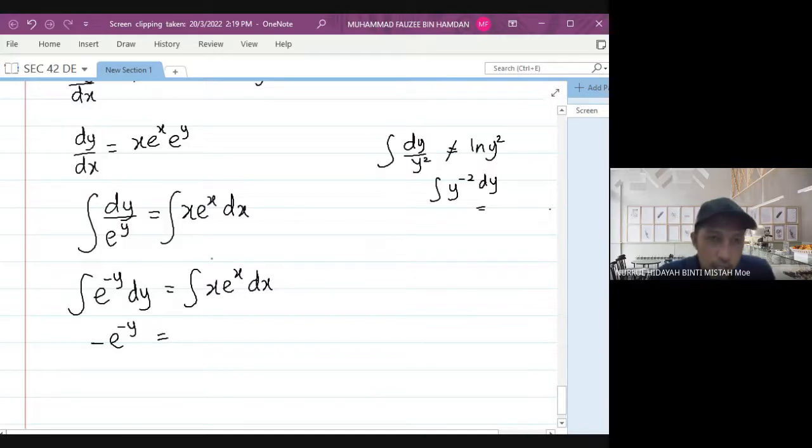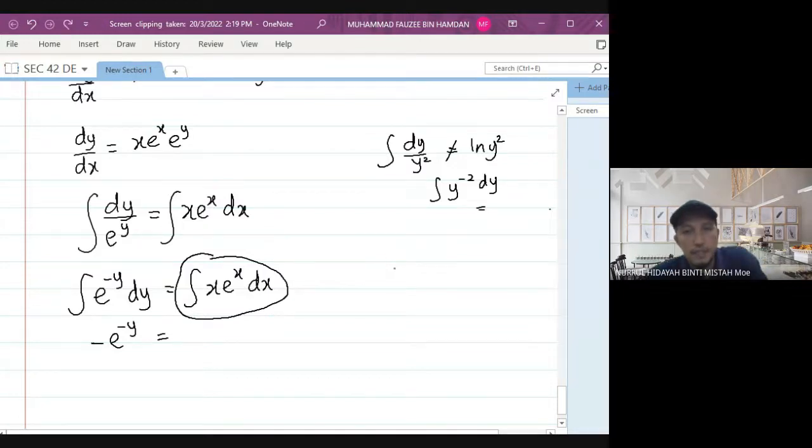Okay. For this one, how to solve this integration? Any idea? Yes, integration by part. Remember the integration by part? Integration of u dv is equal to uv minus the integration of v du.